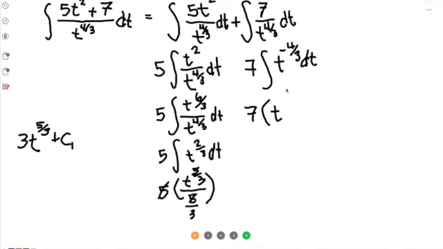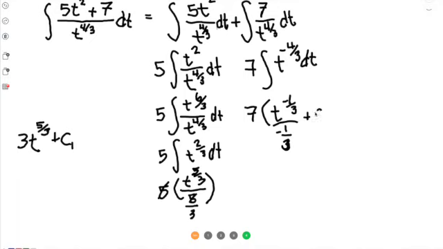That would be negative 1/3. 7t to the negative 1/3 divided by 1/3, so 1 and 3, plus the constant of integration, of course, let's call it c sub 2.